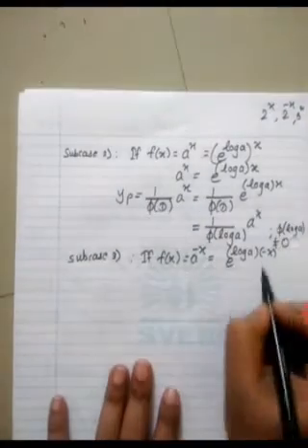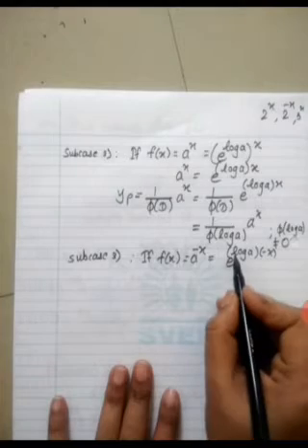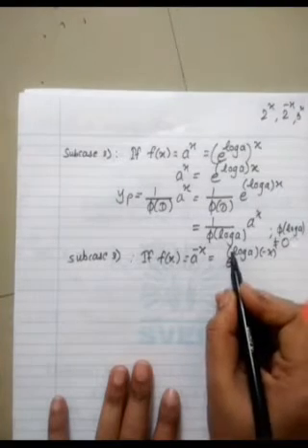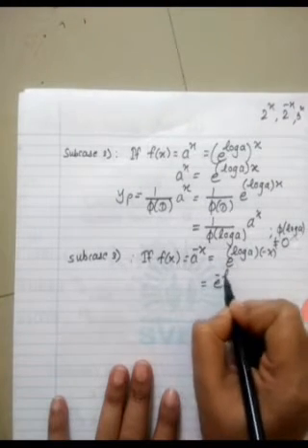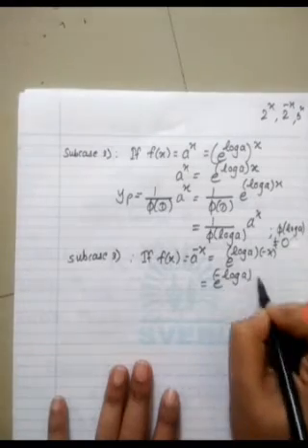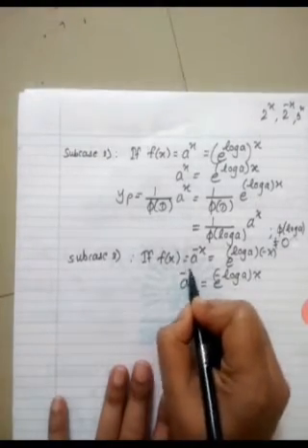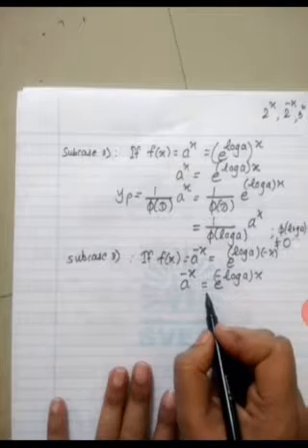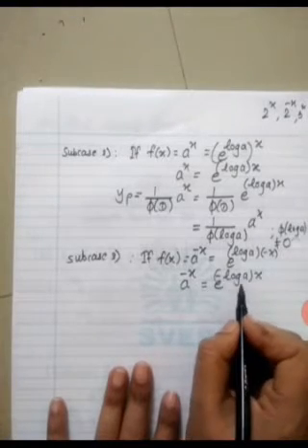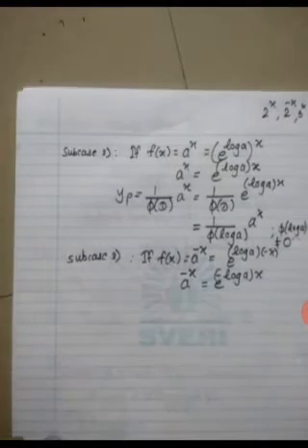But our meaning should not get changed, so that minus sign I can give to log a. So a raised to minus x can be written as e raised to minus log a into x.